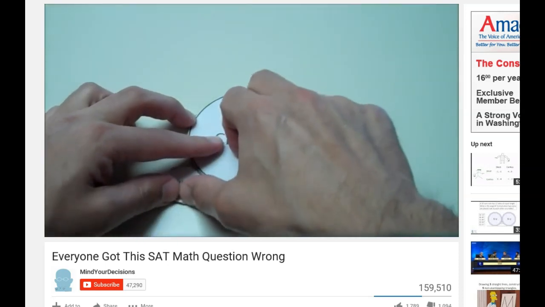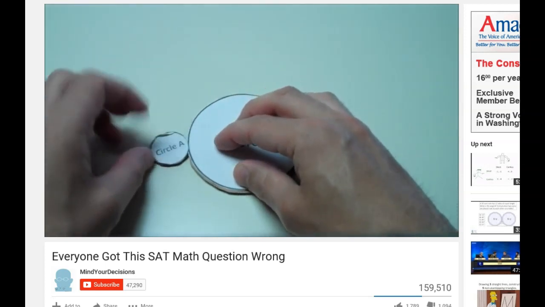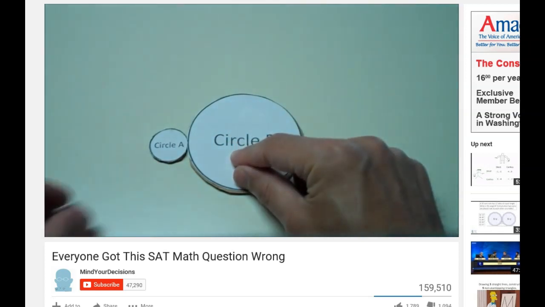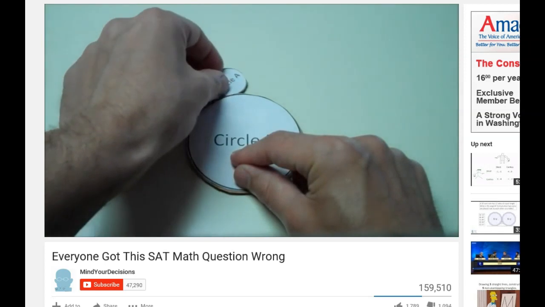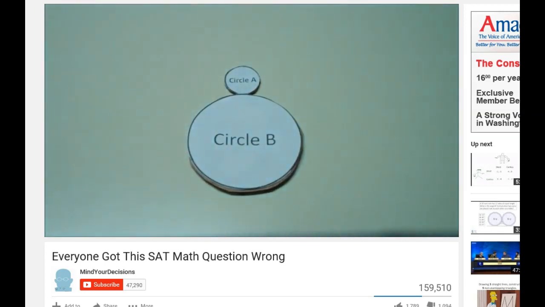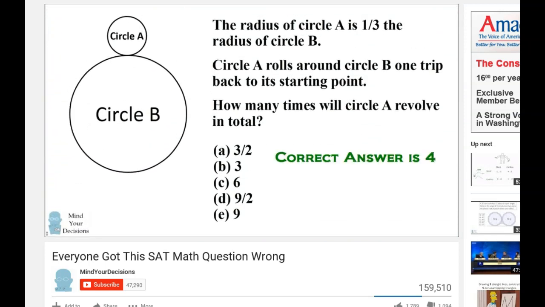As we continue around, by 3/4 of the distance, circle A will roll a 3rd time. And when we complete the trip, this will be a 4th time that circle A has rolled around. So the correct answer is 4.